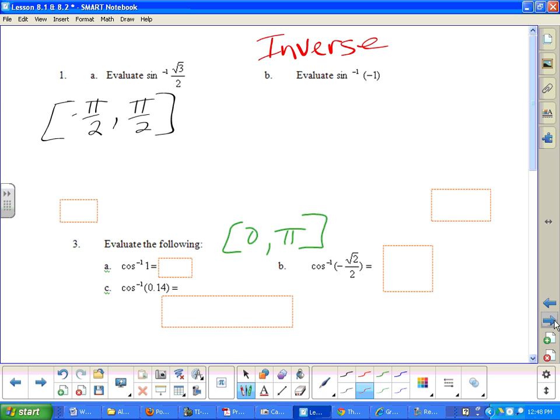So if I look at the fourth quadrant and the first quadrant here, sine is positive in which one of those two quadrants? The first. And where does it equal square root of 3 over 2? We're talking about radians. Pi over, talking about sine, the y values.